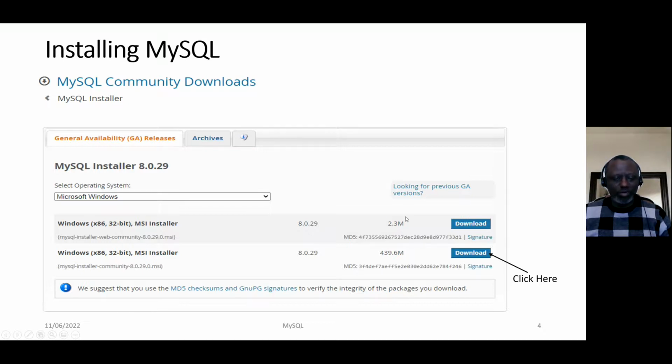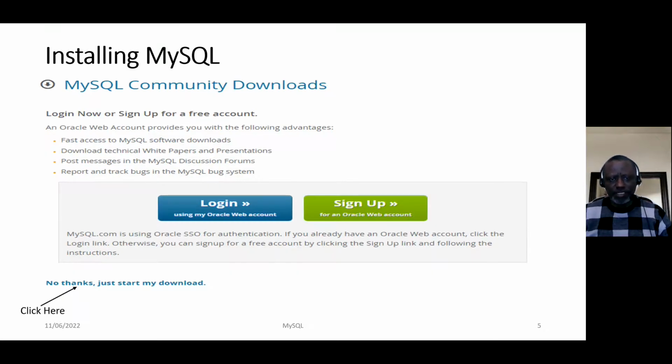This only downloads a small file that is required to initiate the download from the internet. So for this particular installation, I used the second option, that is downloading this particular file of 439.6 megabytes.